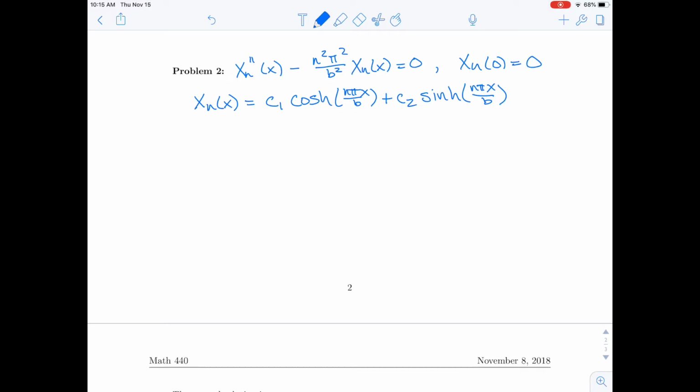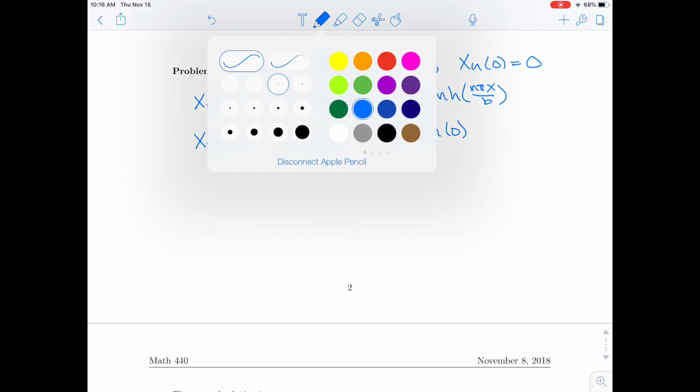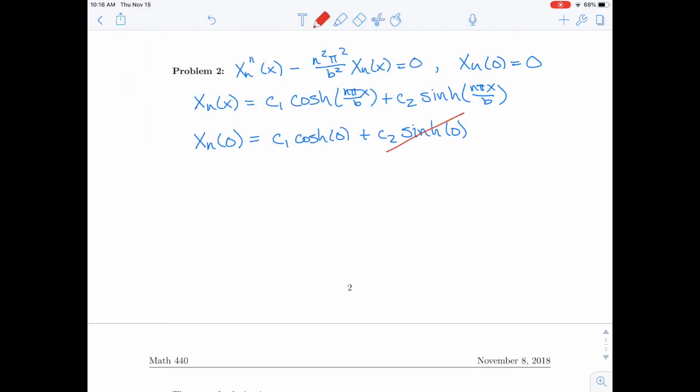Okay, here we have that x sub n of 0 is going to be C1 cosh of 0 plus C2 sinh of 0. Now we know that sinh of 0 is 0 and that cosh of 0 is 1.